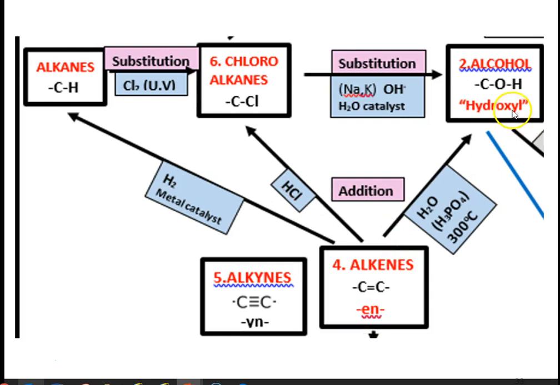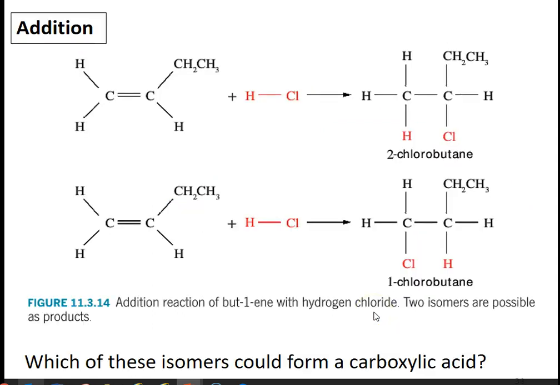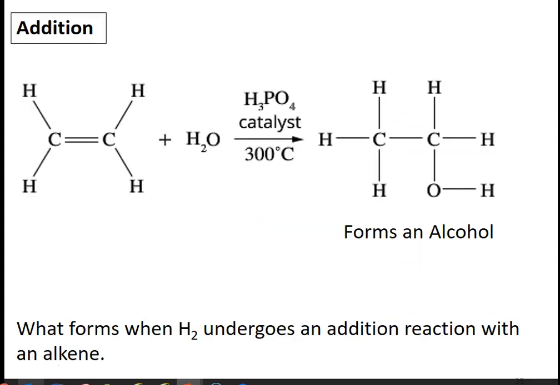So we can make an alcohol by breaking up an alkene, or we can make an alcohol by substituting the hydroxide for chlorine. So 2 ways to make an alcohol. Okay. So in the water molecule, OH is going to go onto one of the carbons, and the other H is going to go on the other carbon. So your water molecule here has broken, and it makes an alcohol.